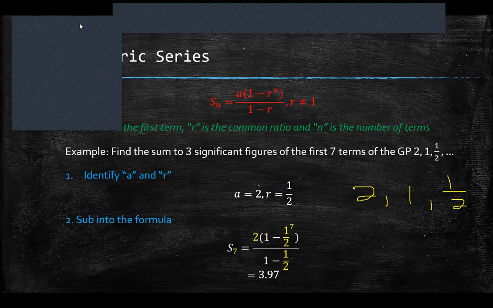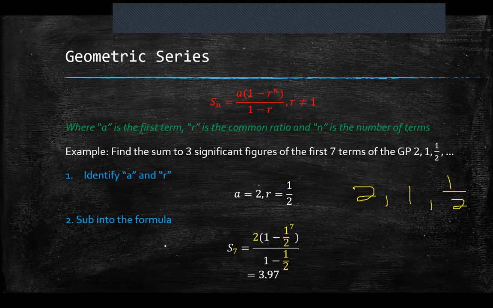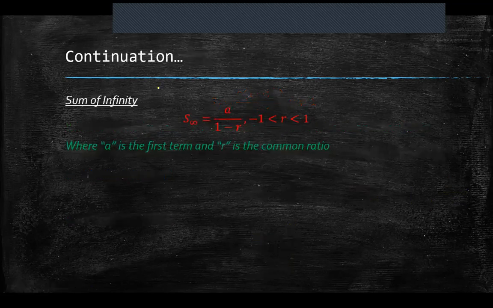Okay, good. So we're moving on now. That's all you have to know for geometric series. Sum of infinity. You need to know this formula. Yes, I know it's a lot to know, but with practice, it wouldn't feel like you have to memorize anything.